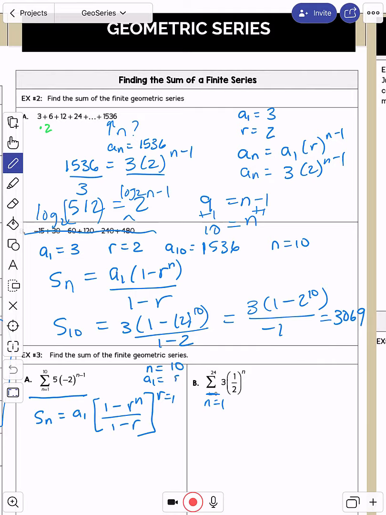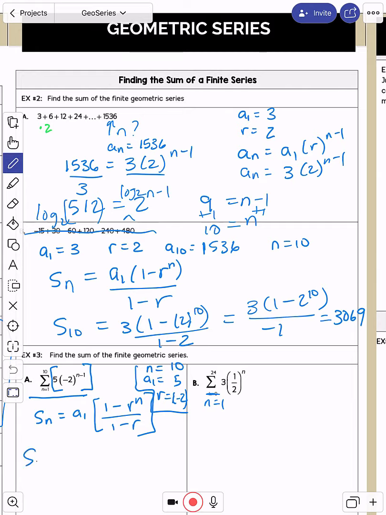A1 is equal to 5, because what we put inside of here is always the explicit rule. And so I recognize the explicit rule as A1 times R raised to the n minus 1. So R is equal to minus 2. Okay, so then I have everything I need to solve.